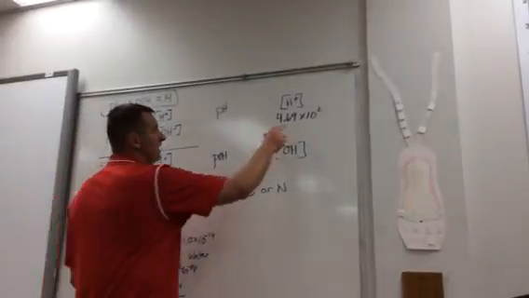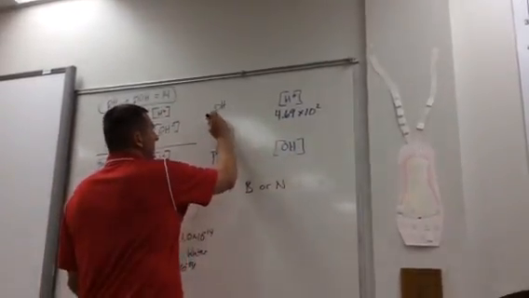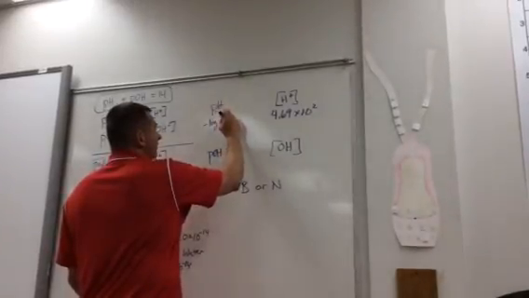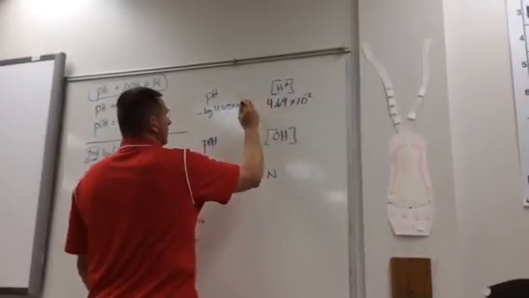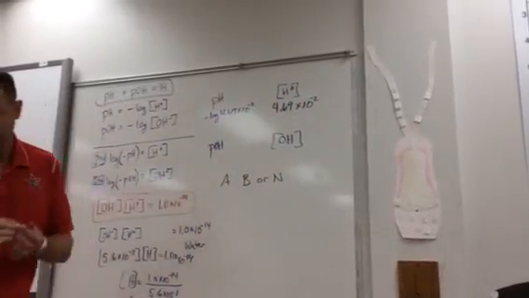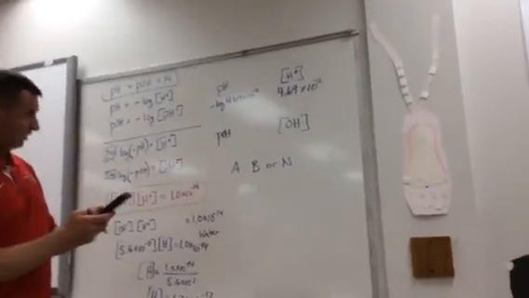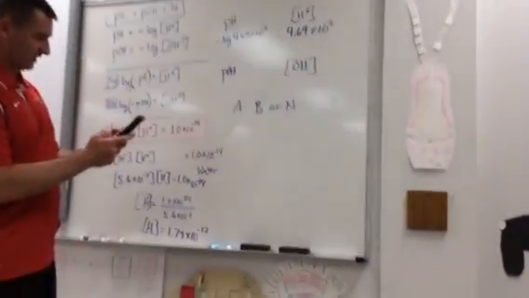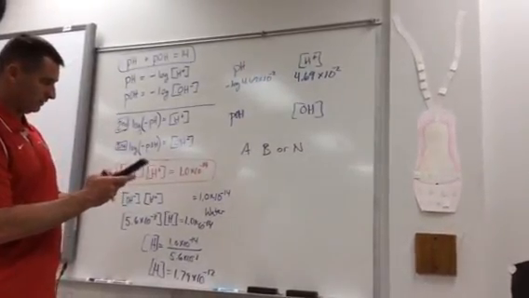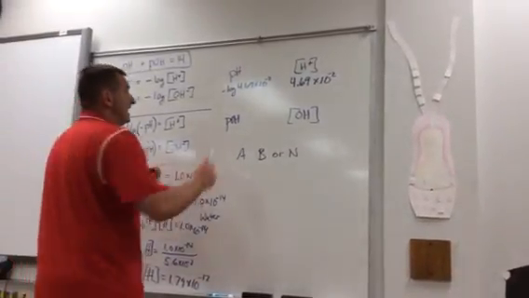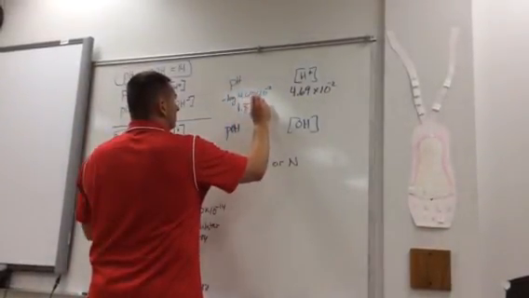Step one, if I take the negative log of 4.69 times 10 to the negative 2, then I get the pH. So negative log 4.69 exponent negative 2, then my pH equals 1.33.